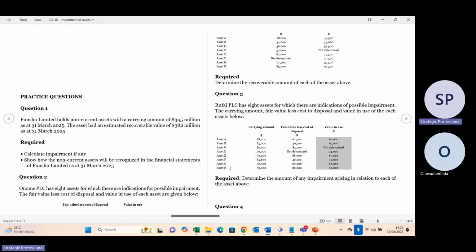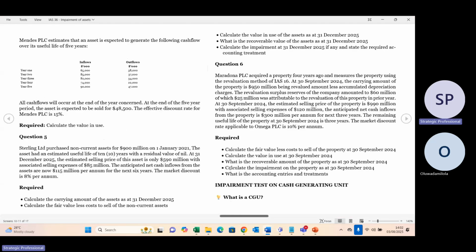So question 4. Mendes PLC estimates that an asset is expected to generate the following cash flow over its useful life of 5 years.